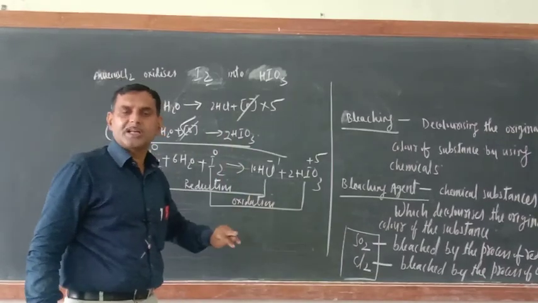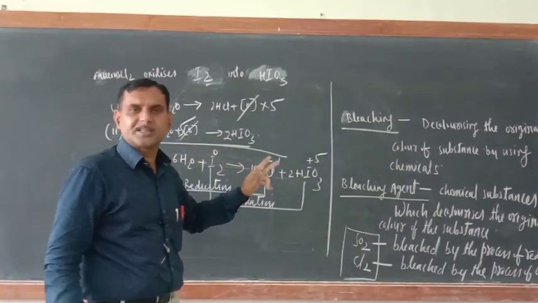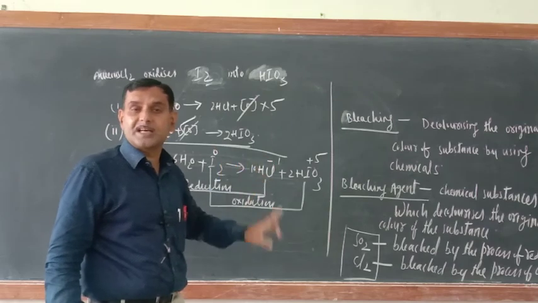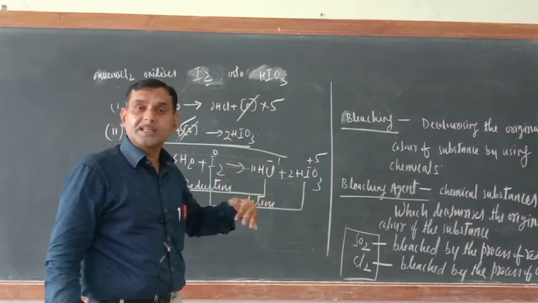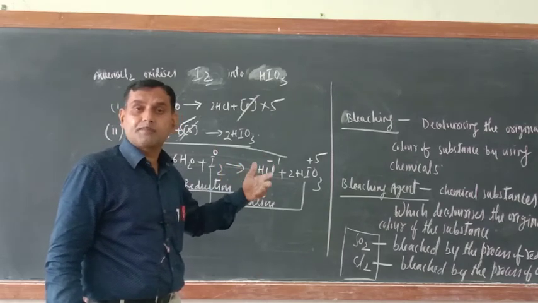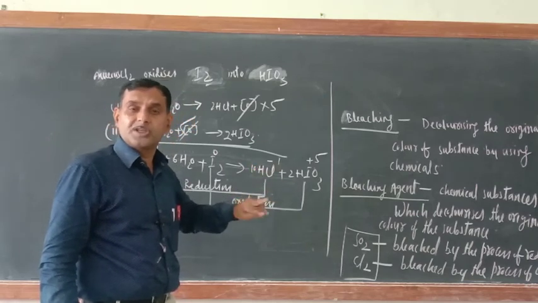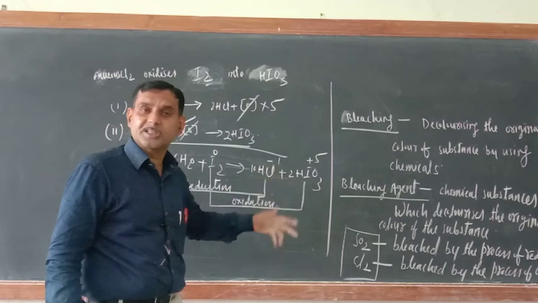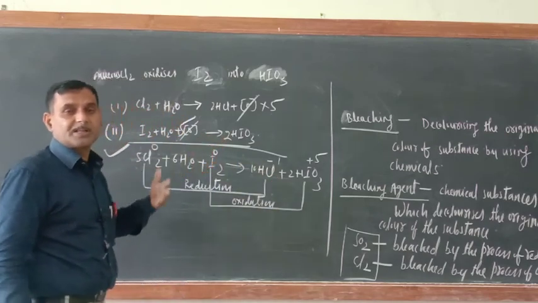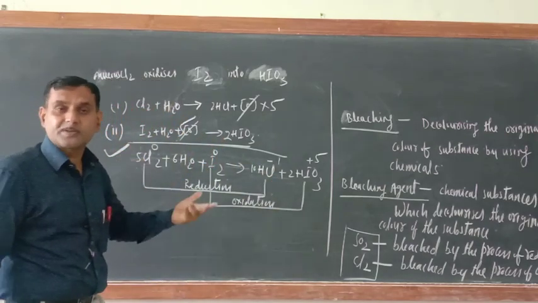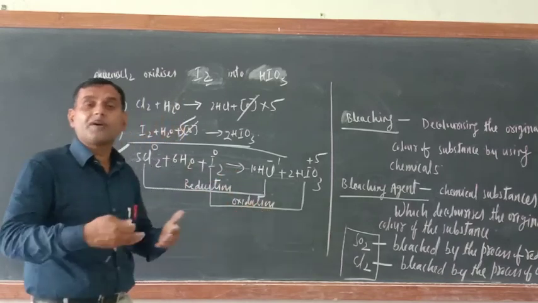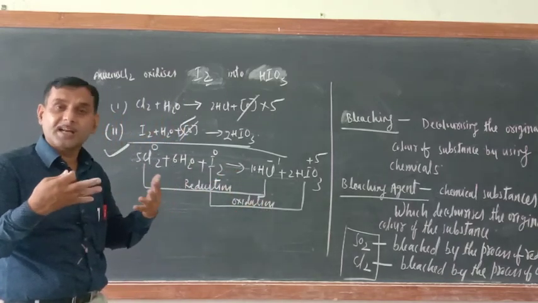SO2 bleaching action is temporary, because it decolorizes the substance by the process of reduction, and the opposite of the reduction process is oxidation, and nascent oxygen is available in the atmosphere. That is why the substance which is bleached will now regain its original color.